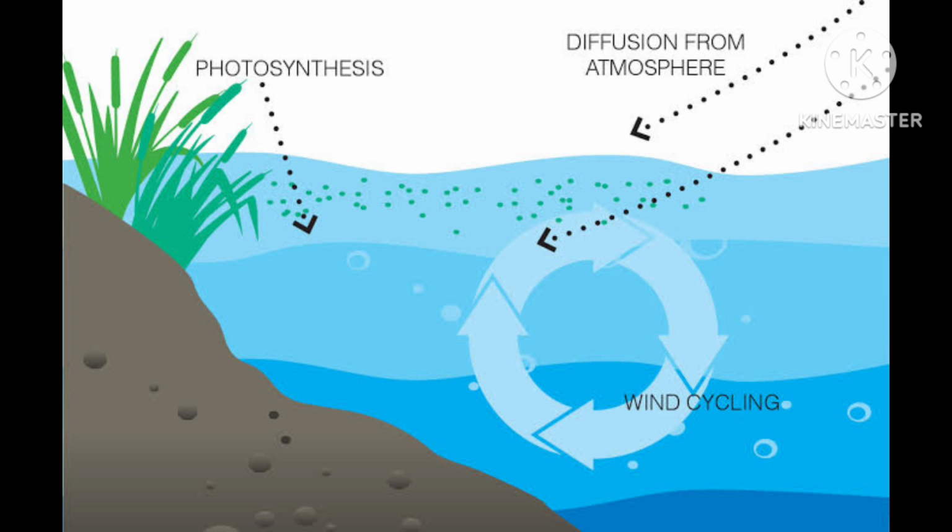The dissolved oxygen is capable of oxidizing pollutants, particularly the organic waste. Examples of organic waste are decomposed plant matter and animal waste.